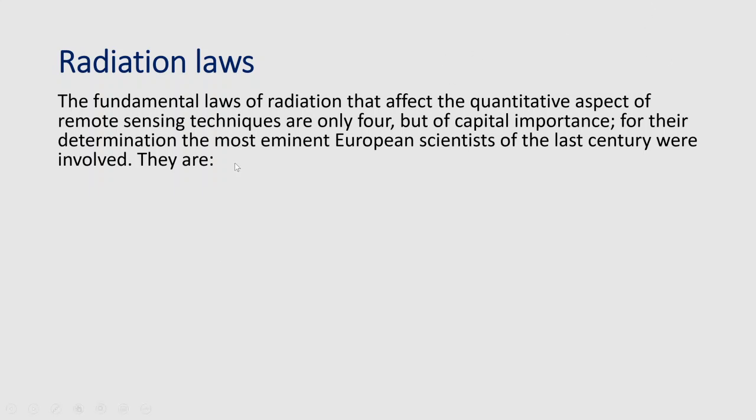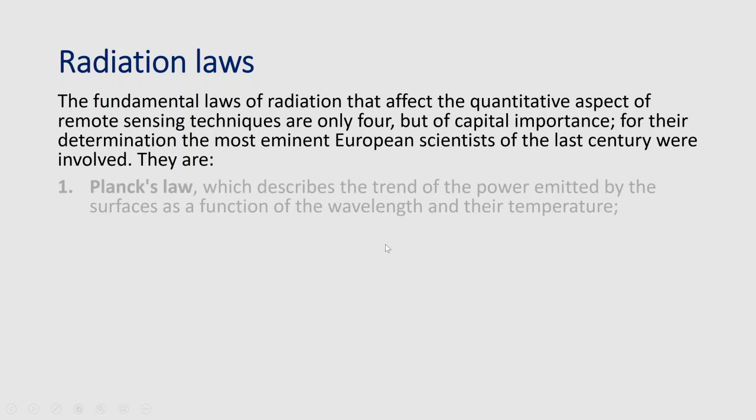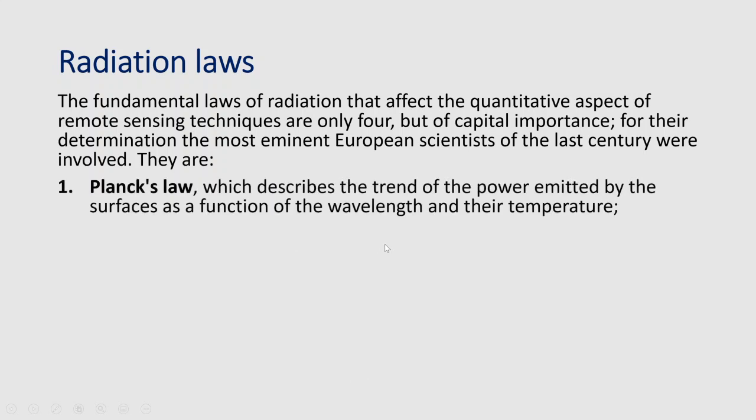For their determination, the most eminent European scientists of the last century were involved. Which are these 4 different laws? The first law, and this is the most important law, is named Planck's law, which describes the trend of the power emitted by the surfaces as a function of the wavelength and their temperature.